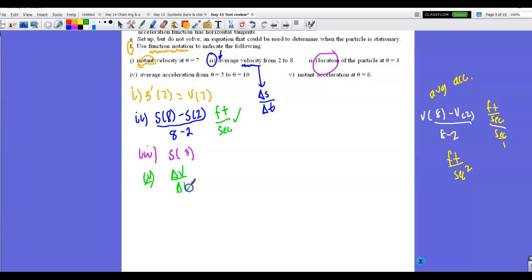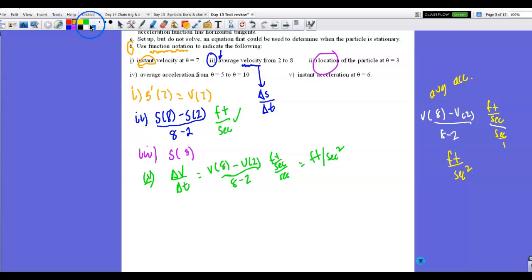So really you're going back one function, so change in velocity over change in time, as I already wrote on the side, v of 8 minus v of 2 over 8 minus 2. And you can see that I did the unit analysis on the right side. This is just a way to check, does it make sense that I have the acceleration? And yes, I do. Feet per second squared.